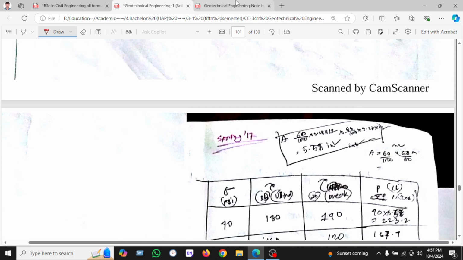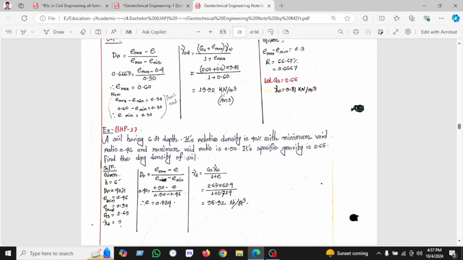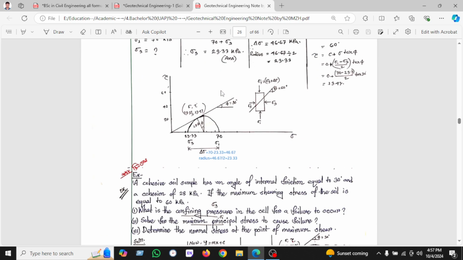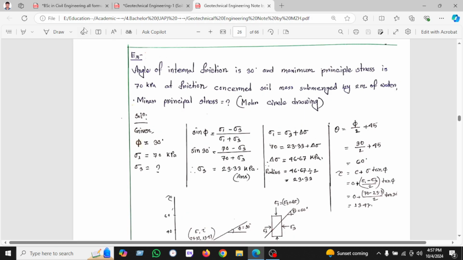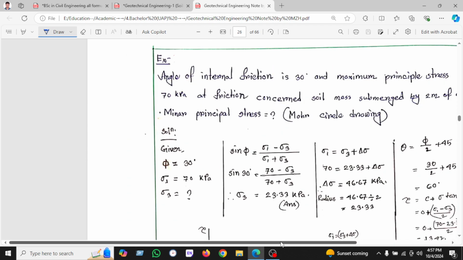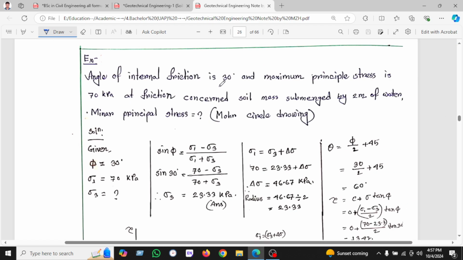So we can see another example from here. This is our last example. So we have seen here the angle of internal friction. The angle of internal friction is given as 30, and the maximum principal stress is 70 at failure in a consolidated soil submerged by 2 meters of water, and what is the minor stress?